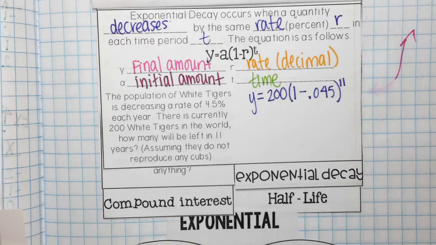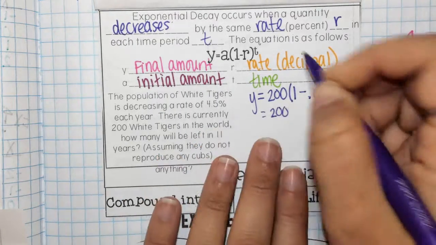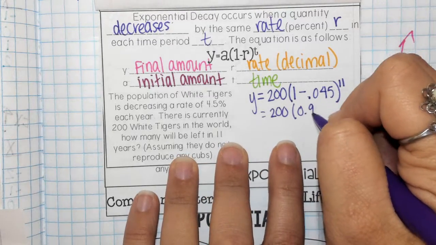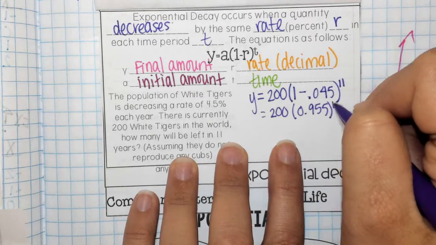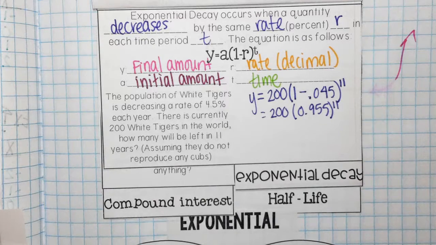What are we doing? We're subtracting, all right? So everybody please subtract. 1 minus 0.045. 0.955. 0.955 to the 11th power. Okay, so how do we type that into our calculator? We hit 0.955, and we hit caret into the what power?